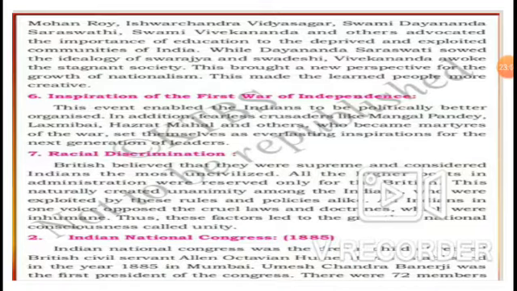They believed that all Indian people are uncivilized, and for that reason they gave all the higher posts to British persons only. This differentiation made Indian people raise their voice against the British rulers, and after opposing this discrimination, growth of national consequences called unity came.